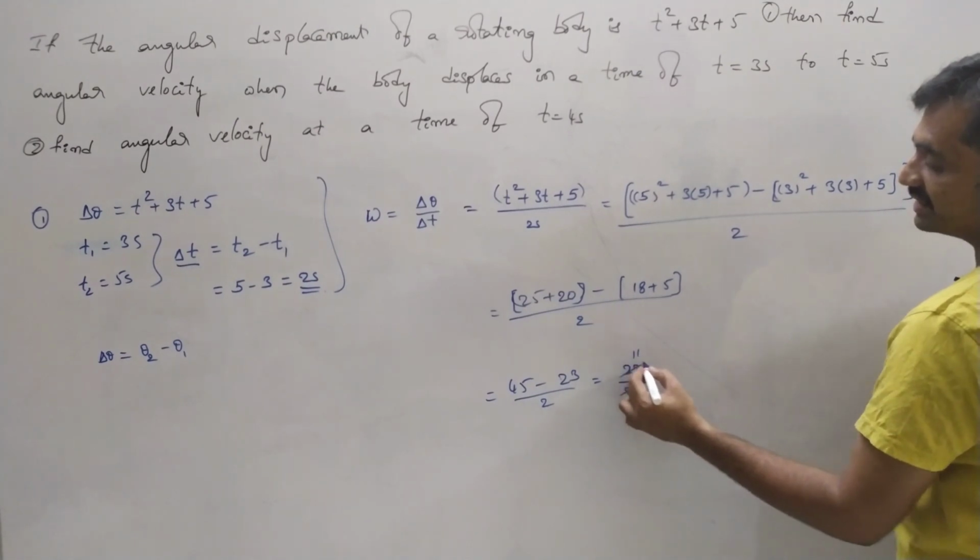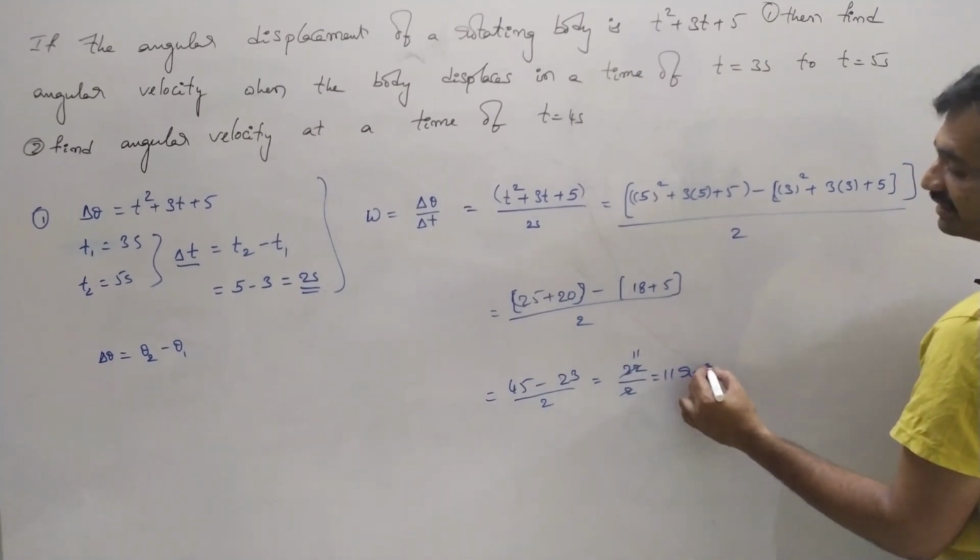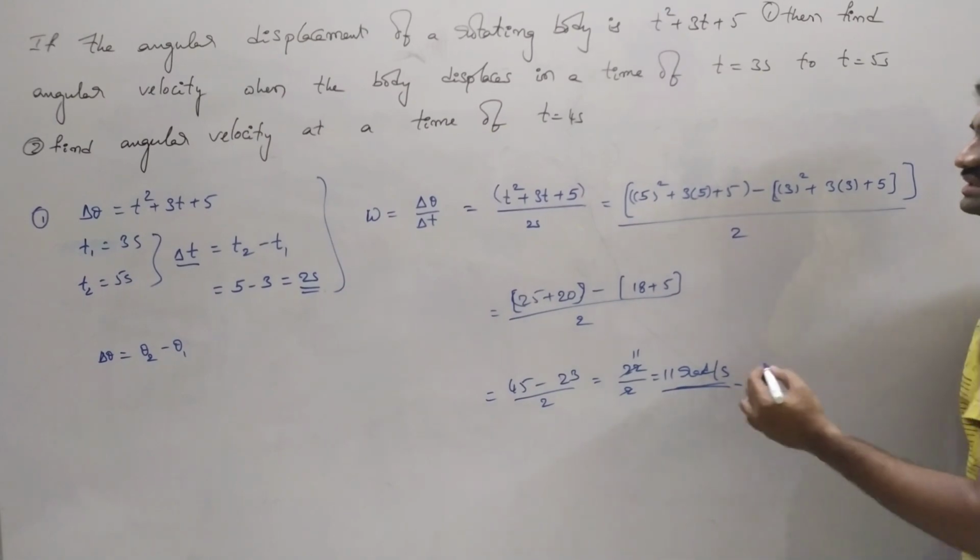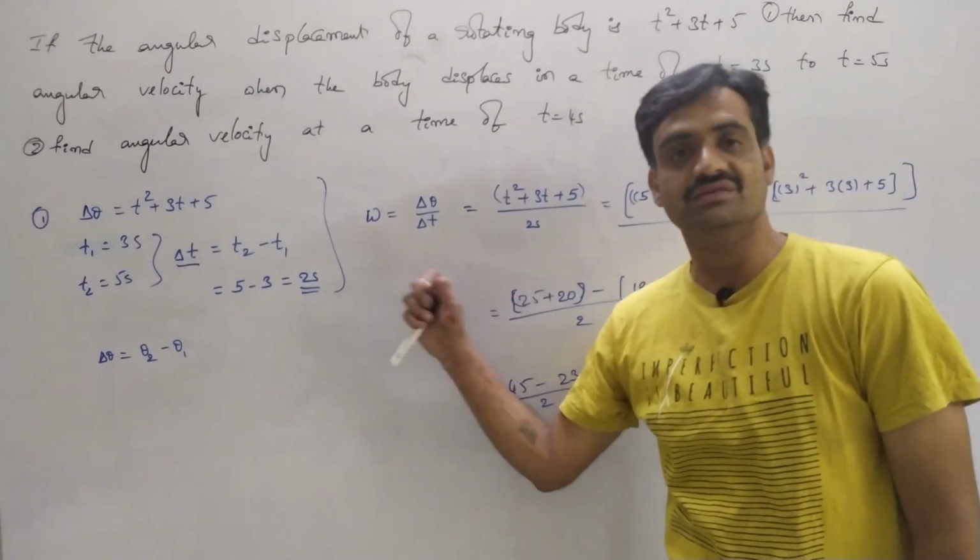If we cancel, we get 11 radian per second. So this represents average angular velocity.